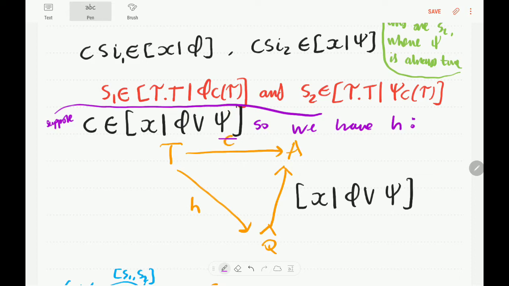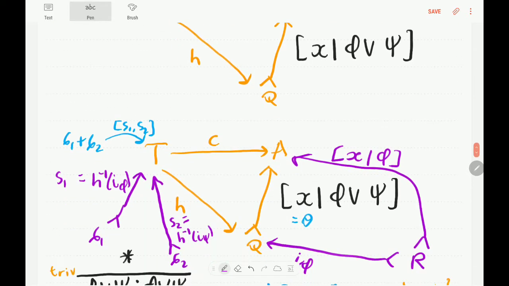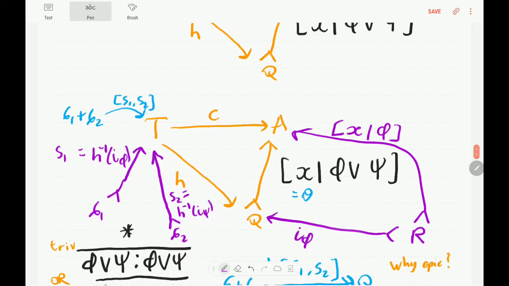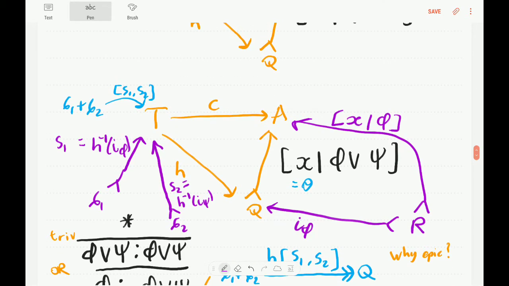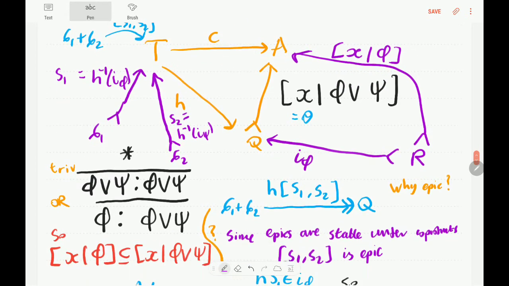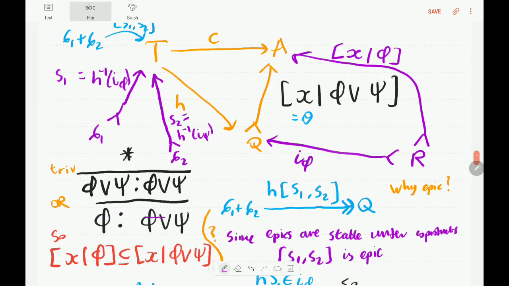such that C is equal to this extension after H. Now, another important thing to notice is that this extension here, the extension of phi, is contained in the extension of phi or psi, and that's because phi implies phi or psi.